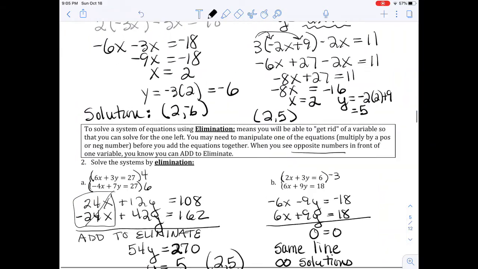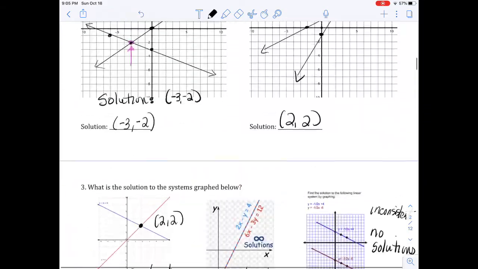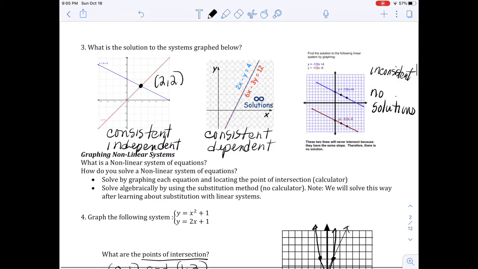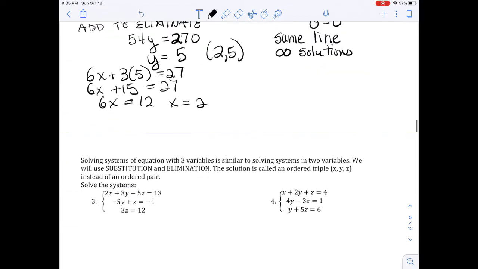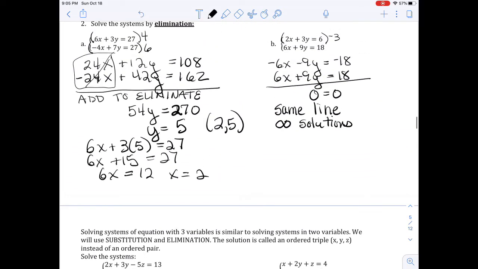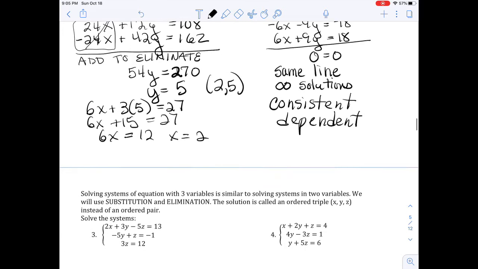And if you go back to when we were referring to this type of system, it is consistent dependent. So they are the same line.